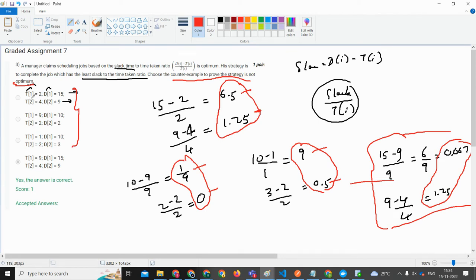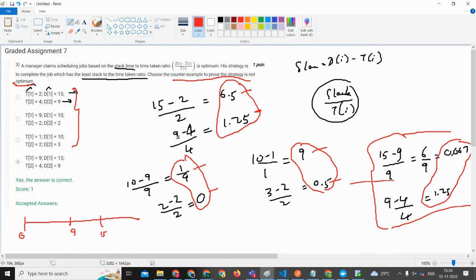So this is time taken and the deadline, basically. Let's try to draw the graph of this, starting at 0. Time taken is 2 hours and the deadline is 15 hours, so we have 15 here, and then 9 here. Which is the lowest slack time?